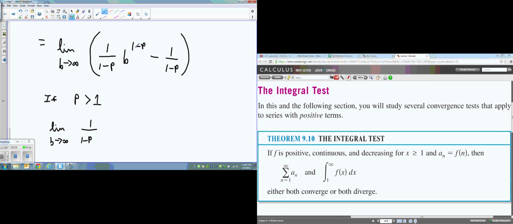This value would be negative, so it would be b to some power. Let's call it y, for instance. But that power would be in the denominator because it would be negative. 1 minus p would be y. y would equal 1 minus p, but y would be a negative number. So it would be in the denominator down here.